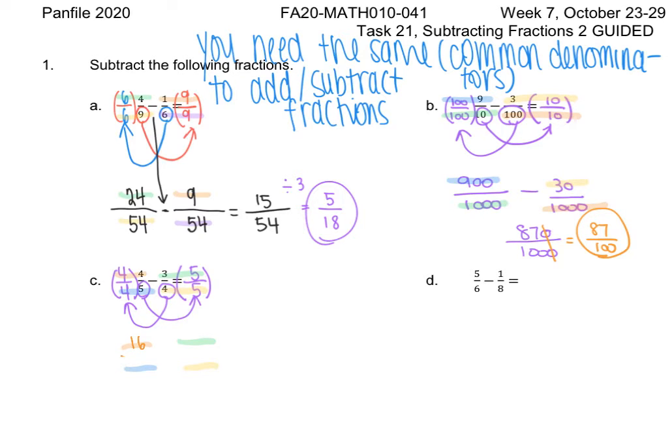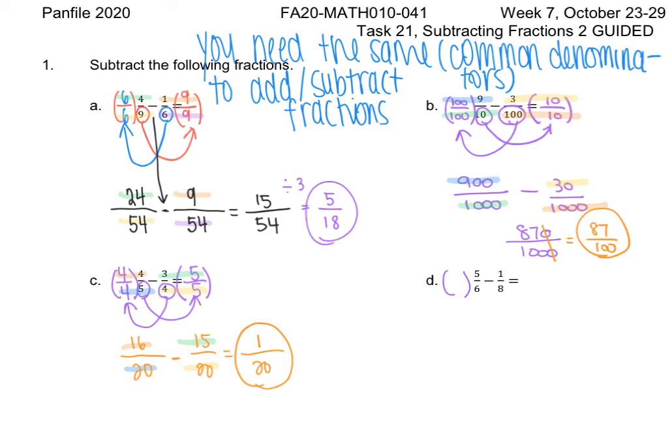I have 16 over 20 minus 15 over 20. 20 is going to be my denominator, which is like, check. And I get 1 on the top because 16 minus 15 is 1. 1 over 20 doesn't simplify, so I am done.